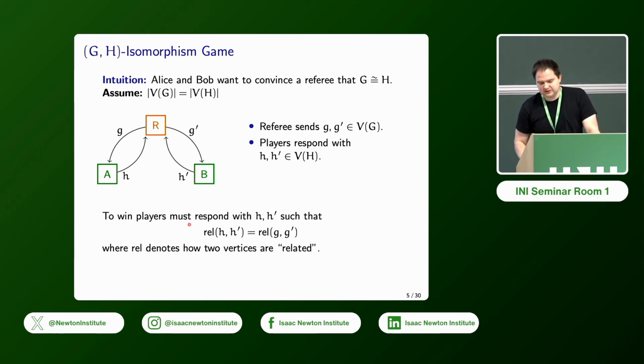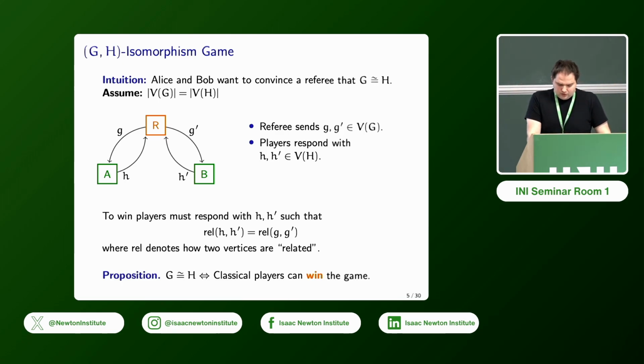To win, the players must respond with H and H prime such that the relation between H and H prime is the same as between G and G prime. So if they're adjacent, they have to be adjacent, non-adjacent, non-adjacent, and so on. Two graphs are isomorphic if and only if the classical players can win the game.